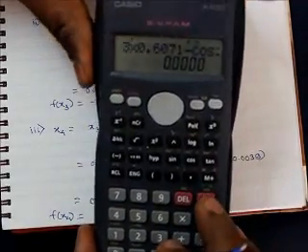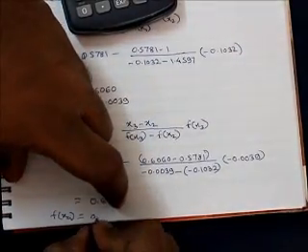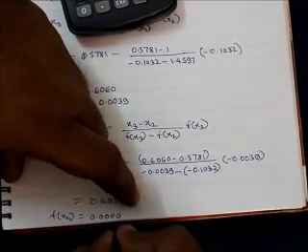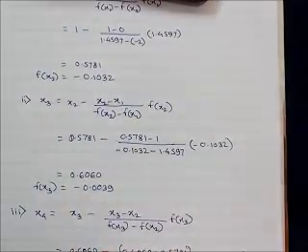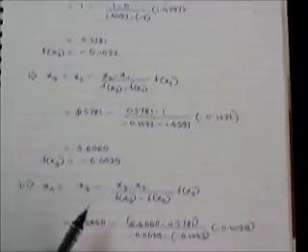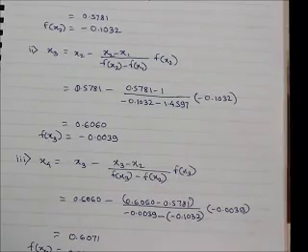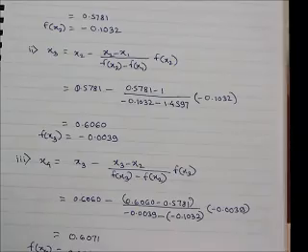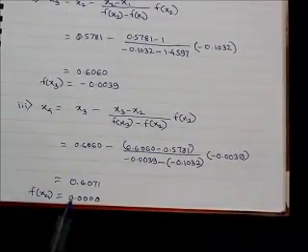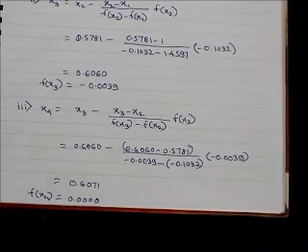Up to 4 digits, that's 0. Amazing, right? The equation that we had initially was 3x minus cos x minus 1, which is kind of a linear equation. There is no power of x more than 1 in here, so it's very much possible that a root can be gotten to in less than 4 iterations. So there's nothing wrong in that.